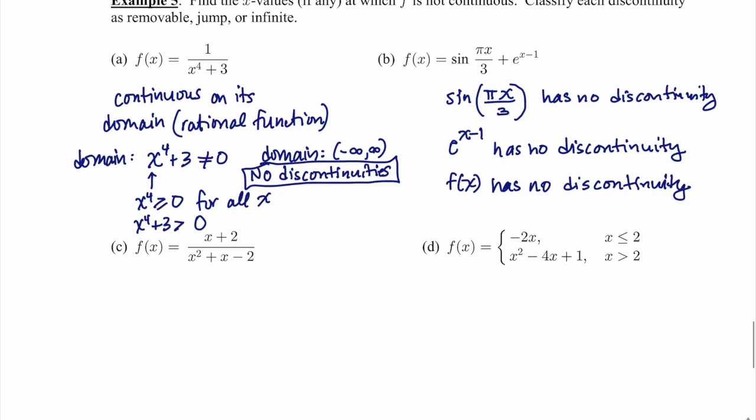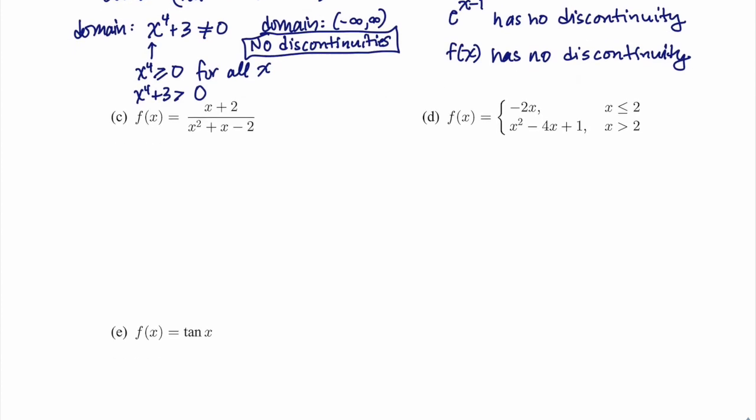In example C, we have f of x equals x plus 2 over x squared plus x minus 2. So anytime we see a rational function like this, we know we would need to factor it. So x plus 2 over, that would be x plus 2 times x minus 1. And so we see we have repeated factors.